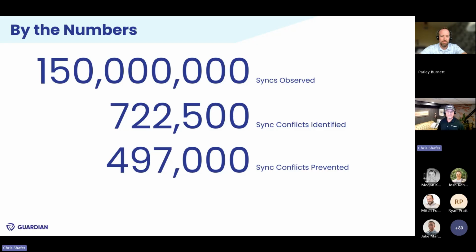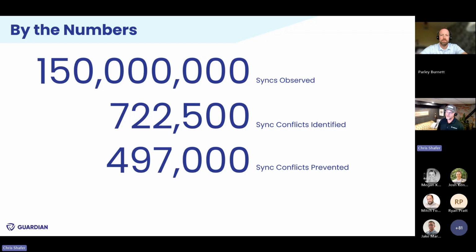So with that being said, let's pause here for a second and think about that. If we assume that the average sync time across these 500,000 syncs was about 45 seconds, and I'd love to hear from others, what is your average sync time? Usually the bigger firms, we see it a little bit larger than that, but let's assume 45 seconds and a billable rate of $100 per hour.